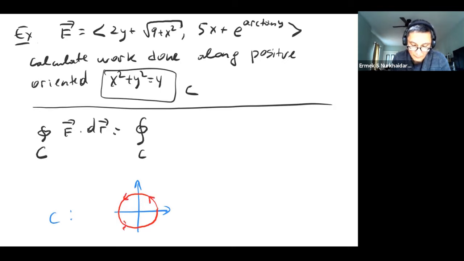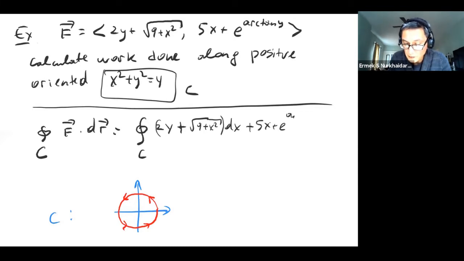It's closed, right? So we get the integral of (2y plus square root of 9 plus x squared) dx plus (5x plus e to the arctan y) dy. That's what we got.